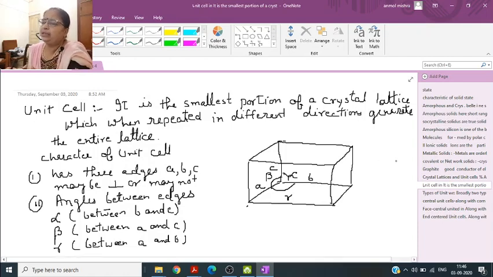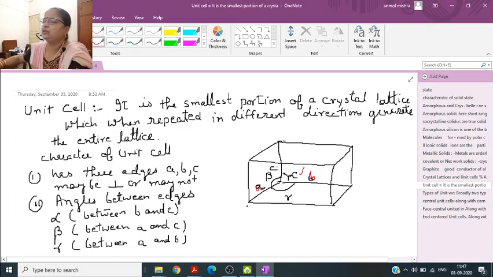Now the angles between the edges. There are 3 angles: alpha, beta and gamma. We have named here this side B, this side A, and this side C. The angle between C and B we denote by alpha, between A and B gamma, and between A and C beta.